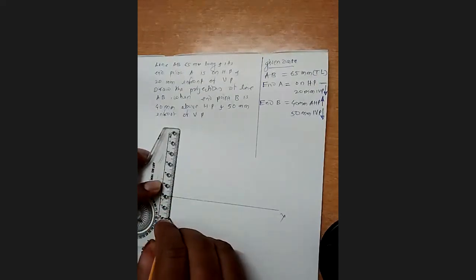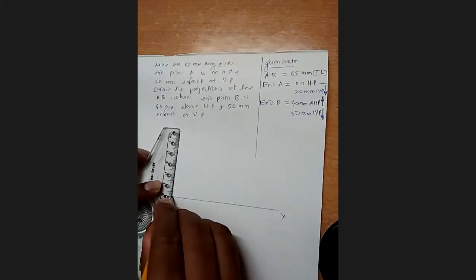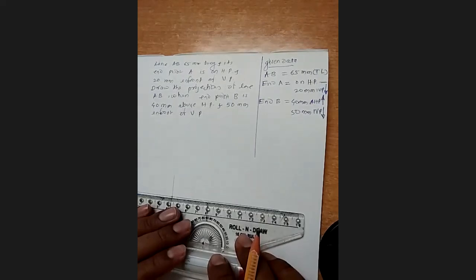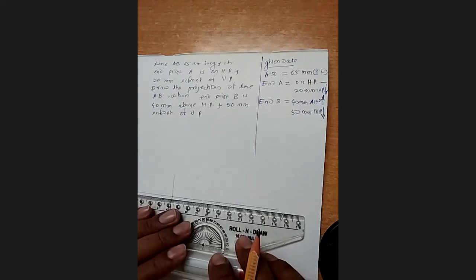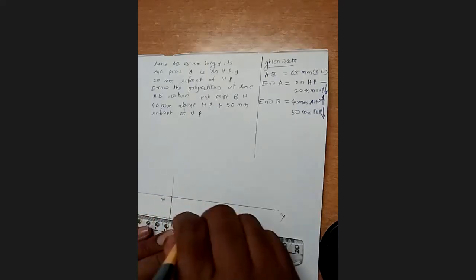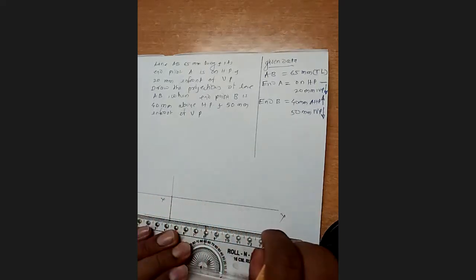20. I will make it dark this for your understanding. Then I will be drawing the line passing through this point below XY line at a distance of 20 millimeter.